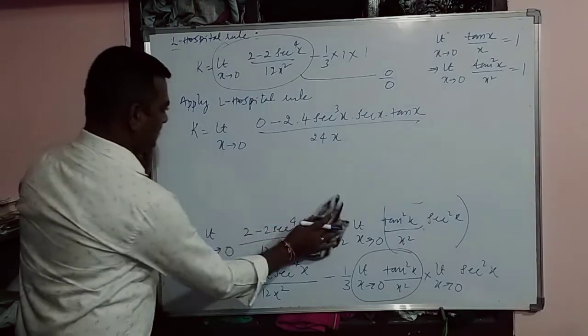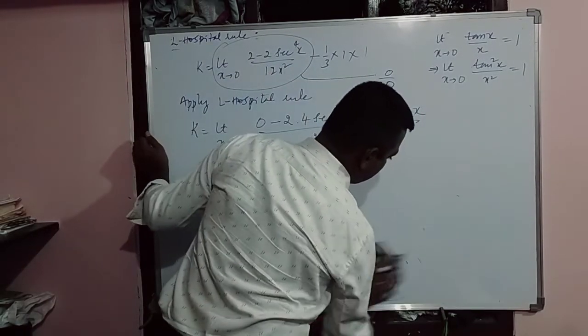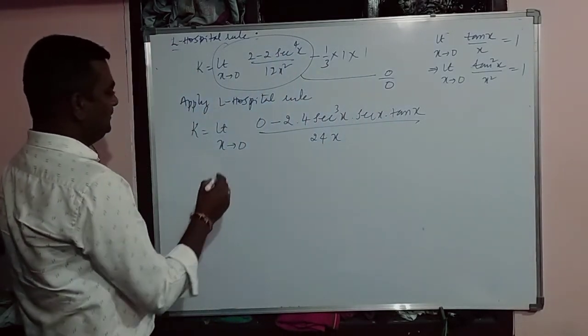Now look carefully, students. Once again I am going to make use of standard limits, that is tan x by x as x tends to 0 is equal to 1.